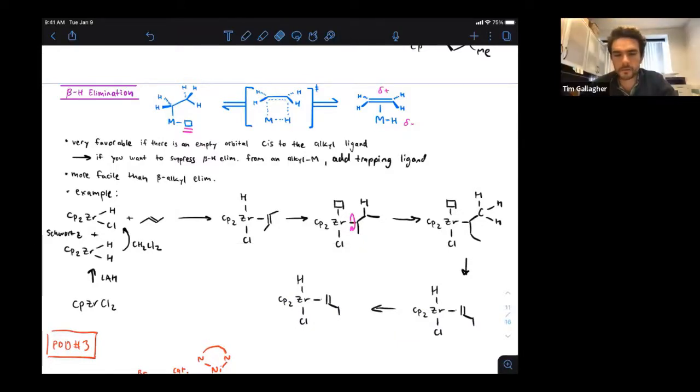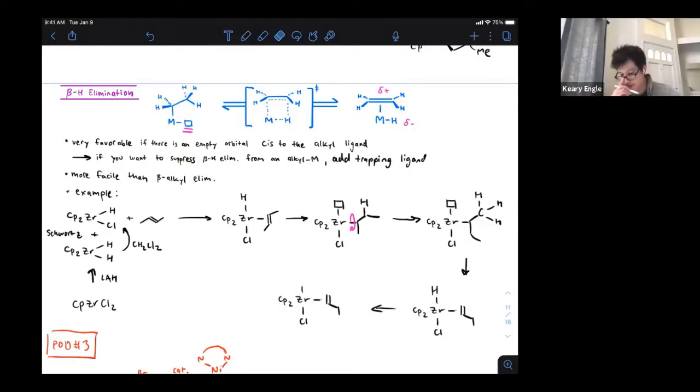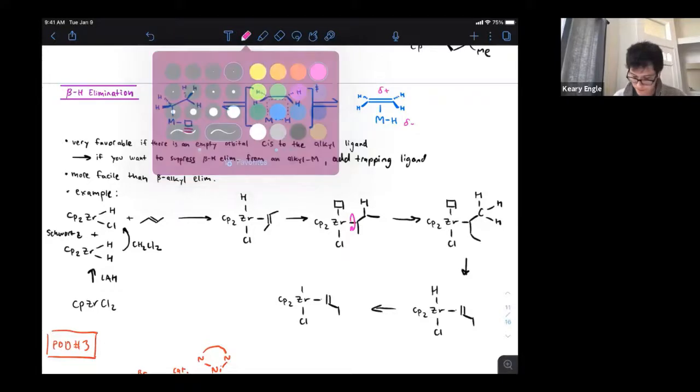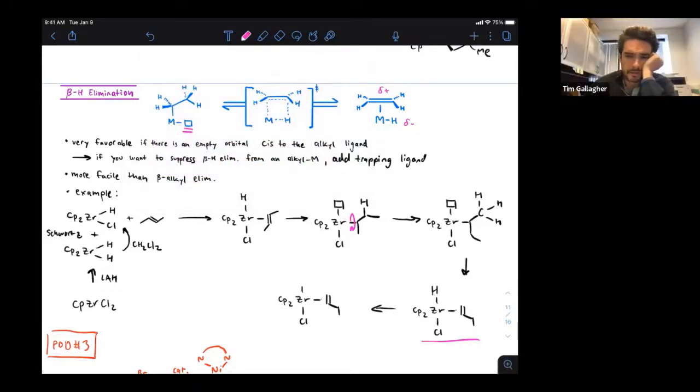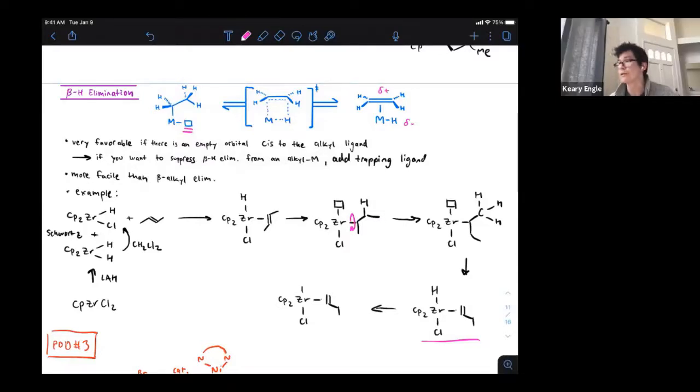Tim? I think that alkene can fall off and maybe another one can come in. What else could happen from this intermediate drawing? You go back to one of the intermediates that you drew earlier. Okay, yeah, all of these steps in principle are reversible.